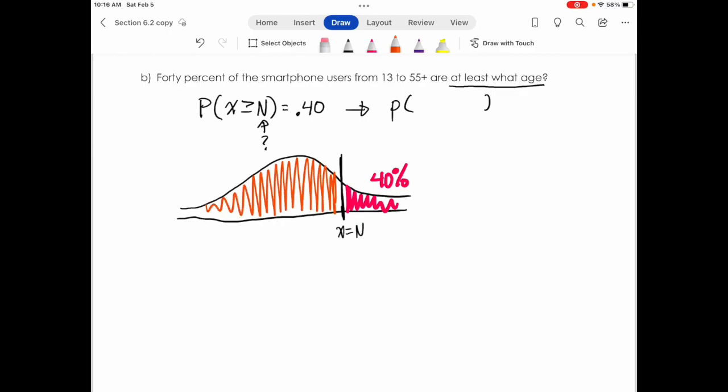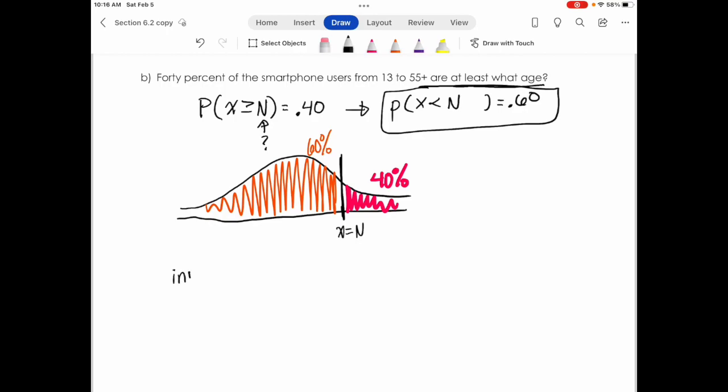But if that's the case, then we know that what lies to the left is 60%. So when we reword this, I want to find the value of N so that when I look to the left, or less than, I get 60%. So this is how we're looking at it in terms of being able to put it in on the calculator.